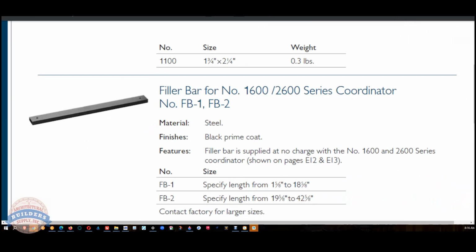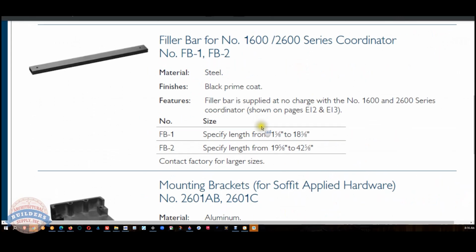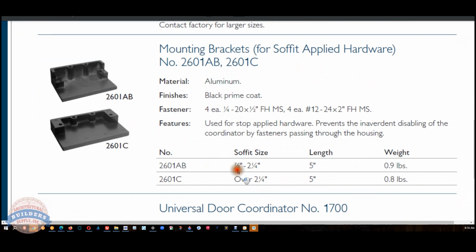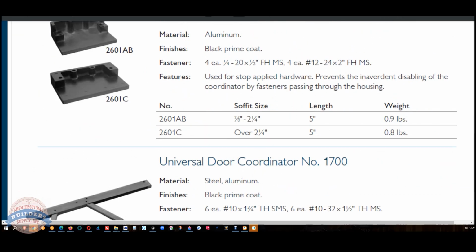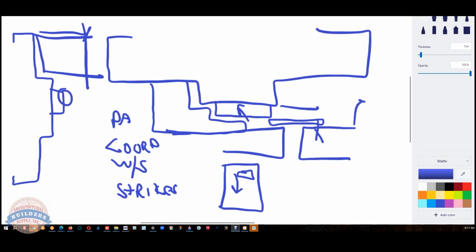With that mounting bracket, you have to know how wide the soffit is, such that the bracket is the right type, and you just refer to this chart. But again, when you have hardware that's going to be mounted on a soffit, let's say you're using a bracket, and now that strike is here, your backset is going to change based on the projection, based on how much further out you're throwing it.